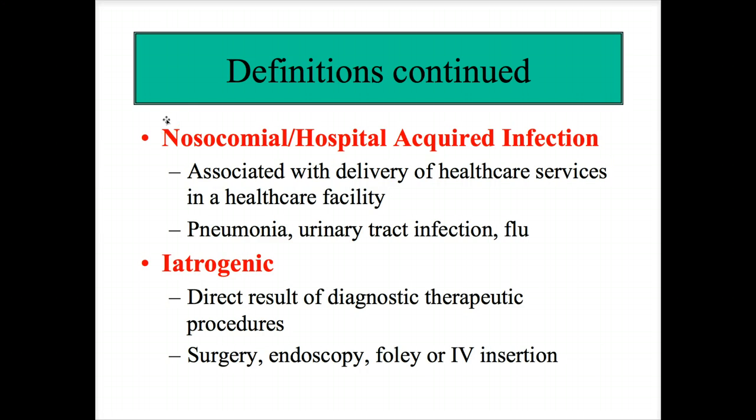Another kind of infection are the nosocomial or hospital-acquired infections. What's important to know about nosocomial hospital-acquired infections is that they are associated with delivery in a healthcare environment. What you want to remember is that in a hospital or nursing home or a health facility, you have many people who are being treated or have been treated with antibiotics.